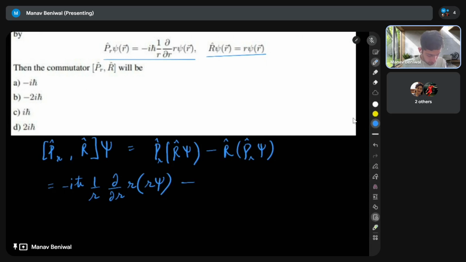And this second term will give us just R multiplied by minus i h-cut, 1 over r, del by del r, and then psi.